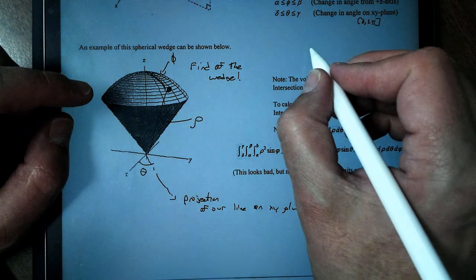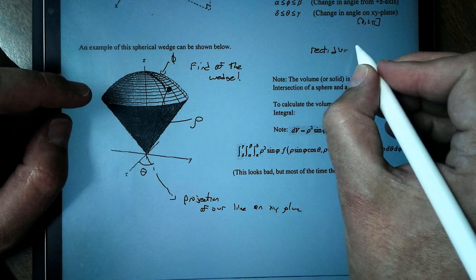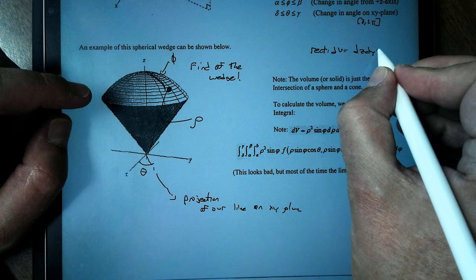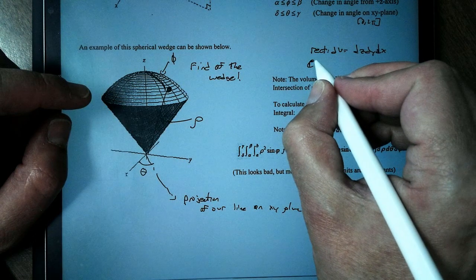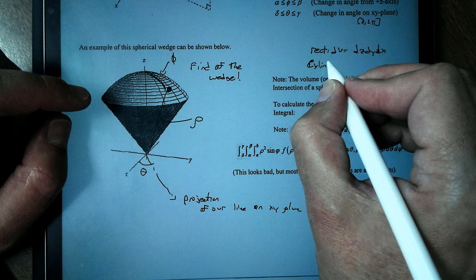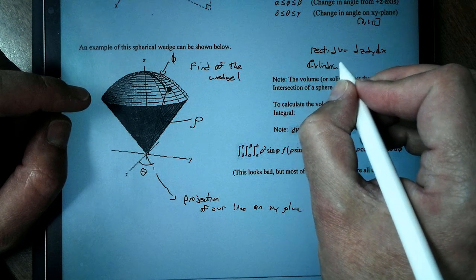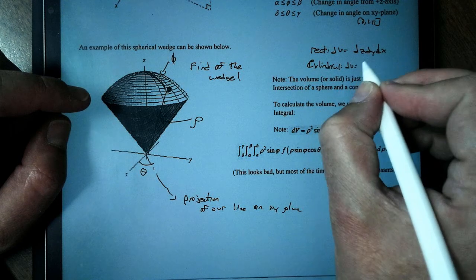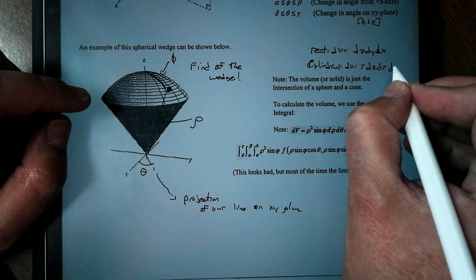Now we've talked about this. For rectangular coordinates, to get volume, it was dz dy dx. For cylindrical, sorry, I was about to say polar, cylindrical, I think I just spelled that wrong. We said it was r dz dr d theta.